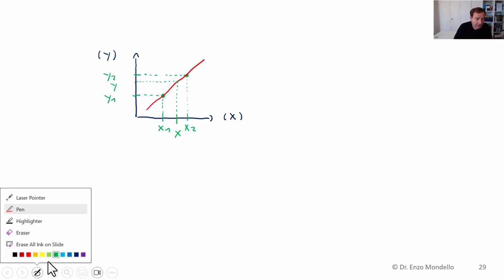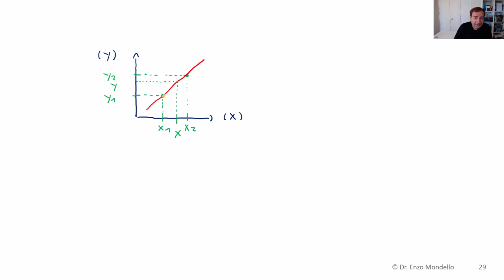And now we can determine the slope of this straight line. To calculate the slope of this straight line, the slope is given as the change in y divided by the change in x.